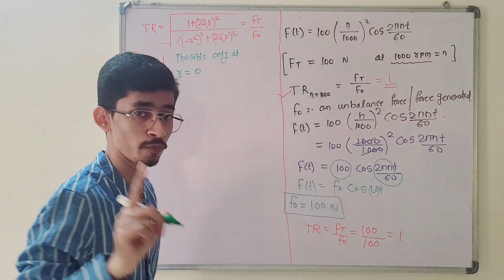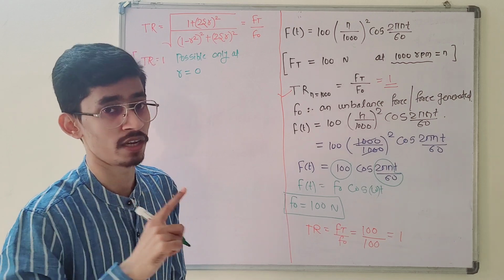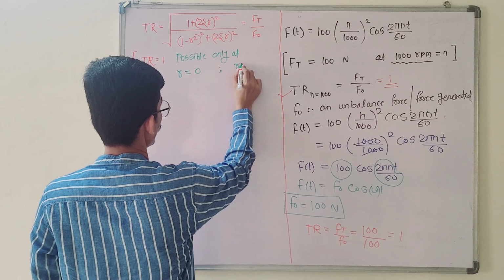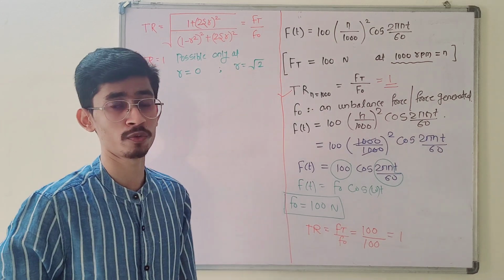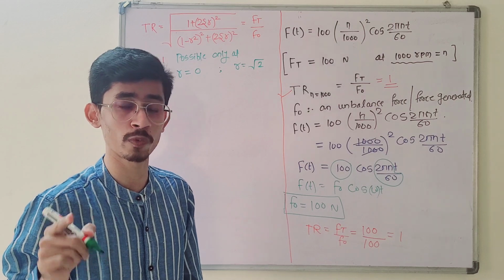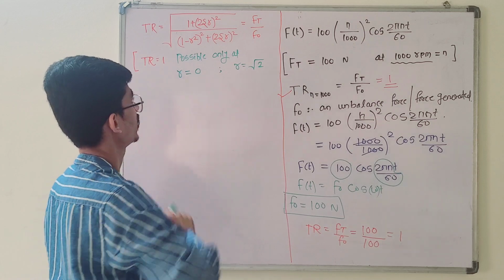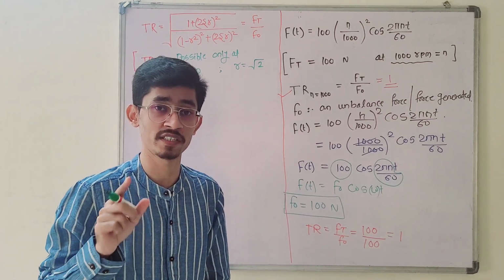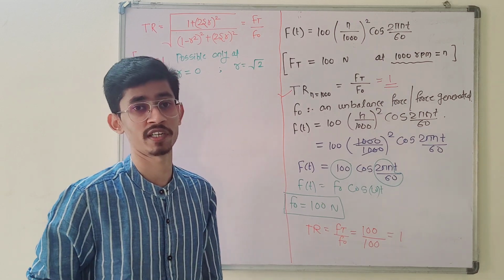One case is if you put frequency ratio r equal to 0, then you get transmissibility equal to 1. The next is if you put r equal to root 2, which is 1.414, then you will get transmissibility equal to 1, for undamped conditions, that is, zeta equal to 0.